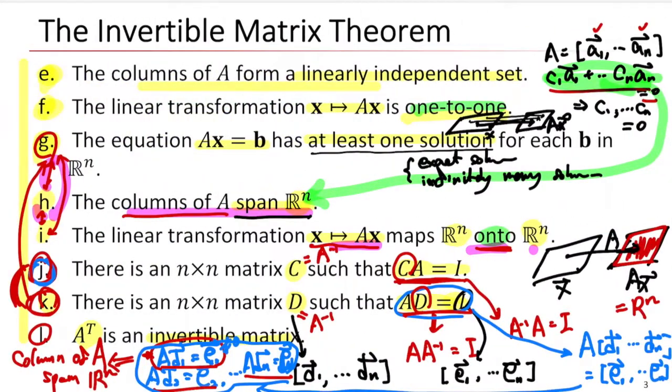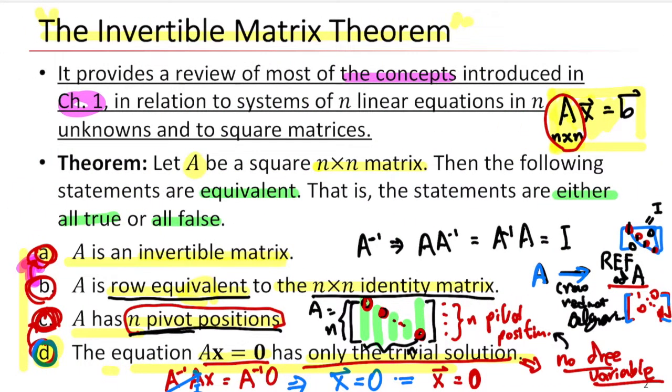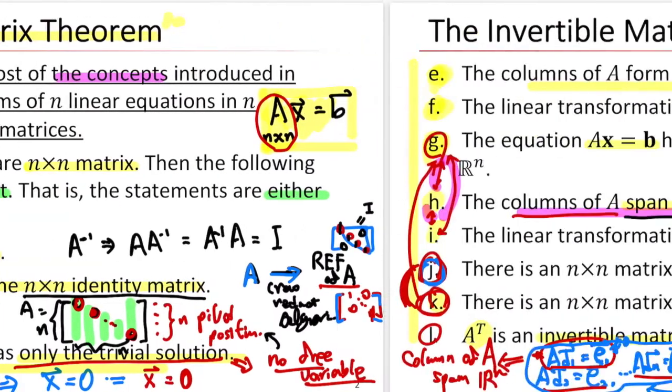If you can understand all of these theorems, what they mean, and how they relate to each other, then you can understand any kind of Ax equals b case when A is a square matrix. It will be just a summarization of the concepts that we have learned until today's lecture.